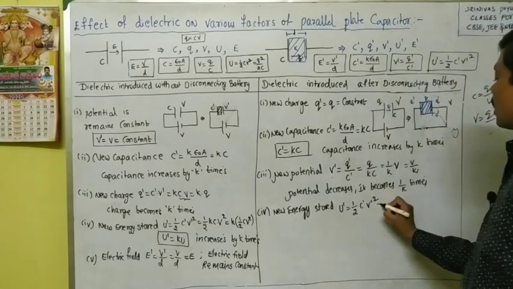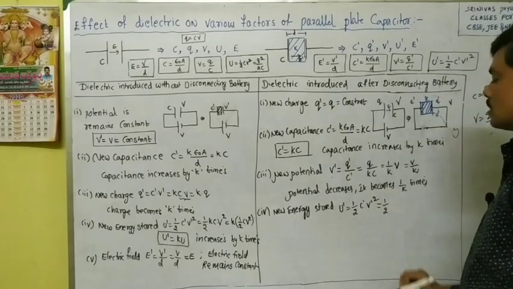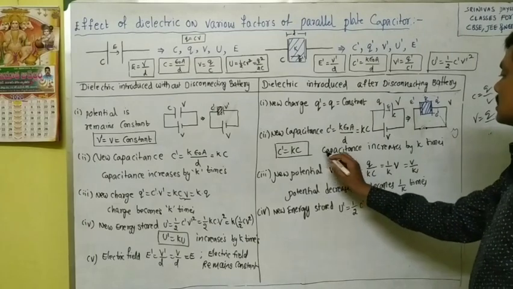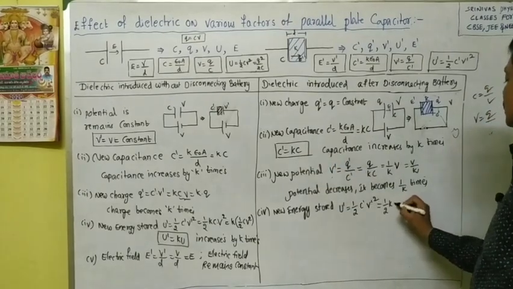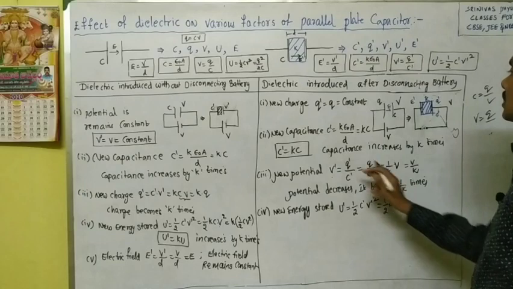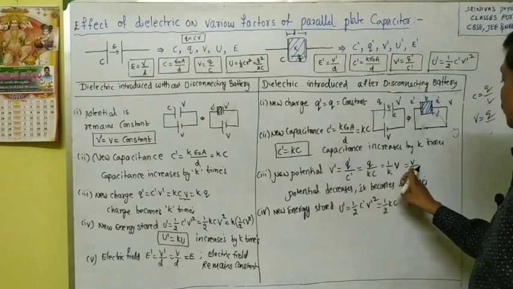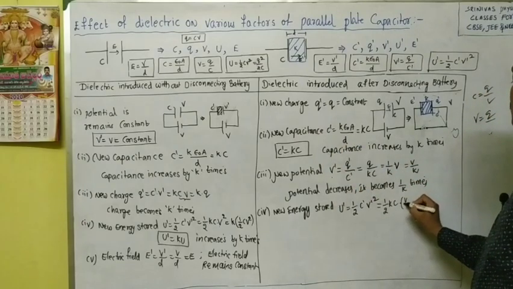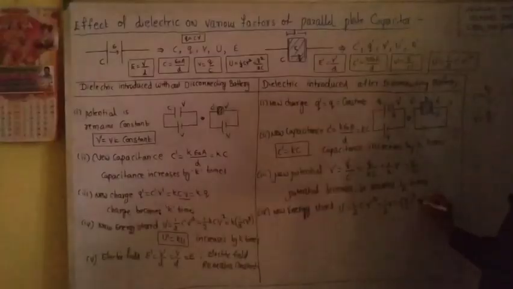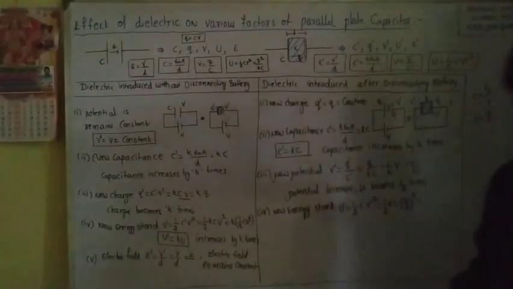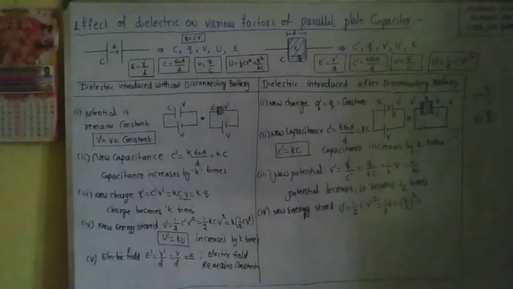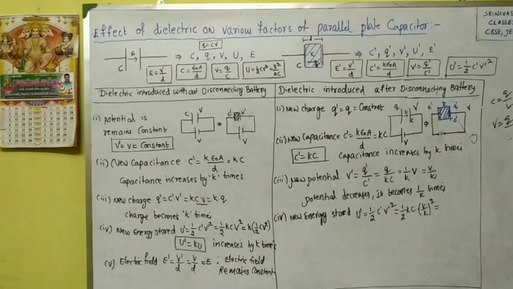Now half into, what happens with the C dash? Previous capacitance becomes K times, Kc, and potential is V by K, right? Now we have to simplify this. Now let us see the new energy stored in the capacitor.